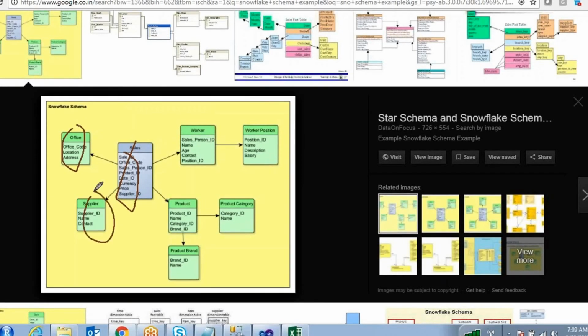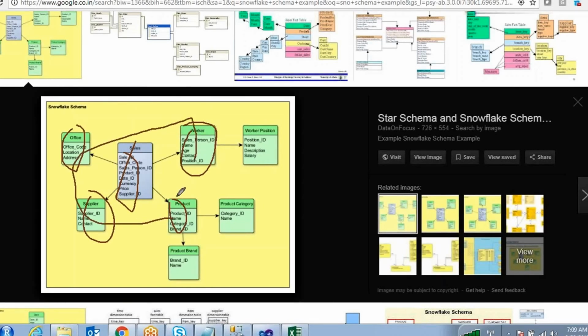This is another dimension having a relationship. This is another dimension. Up to here, it is a star, but some of the dimensions don't have a direct relationship with the fact table. Those are the child dimensions. Those dimensions have a relationship with other dimensions only. This kind of schema we call a snowflake schema, right?